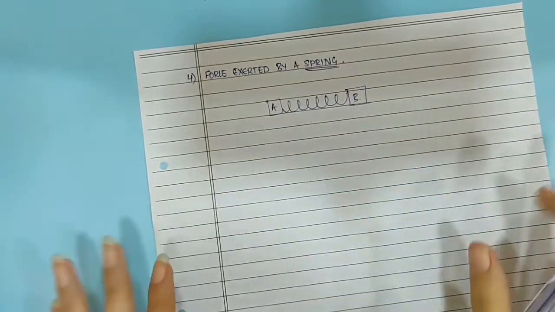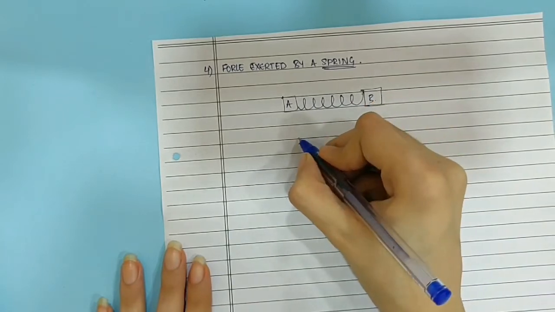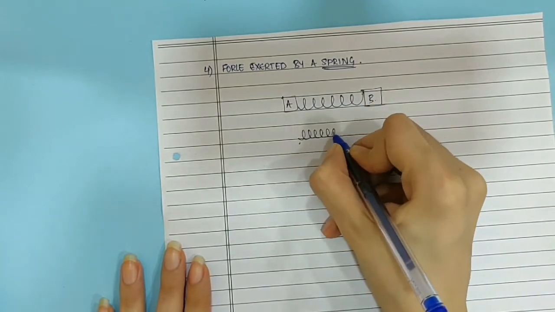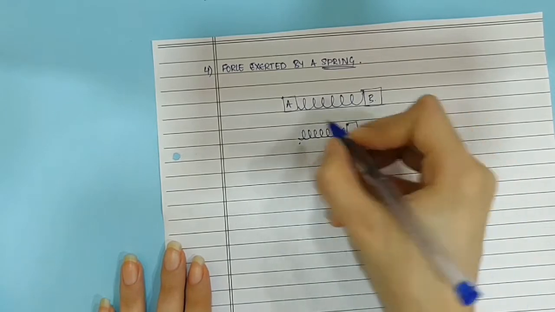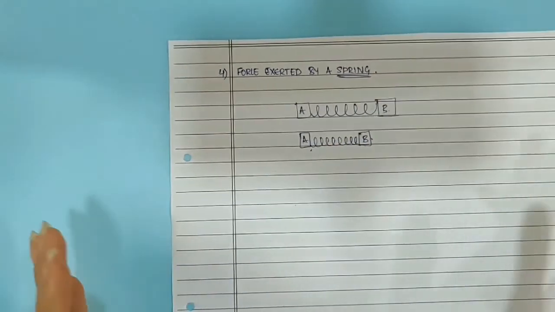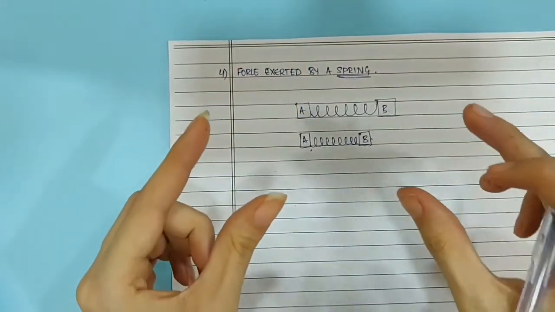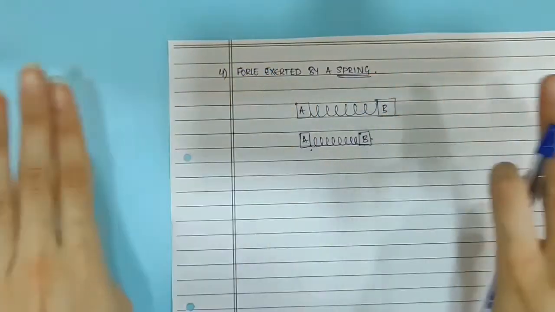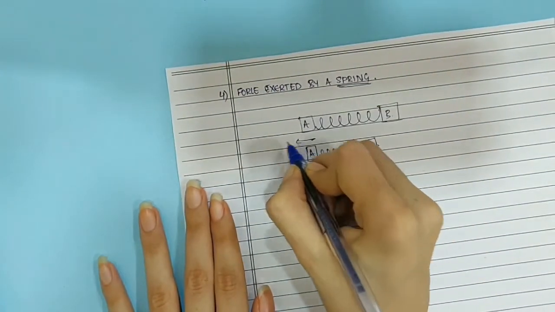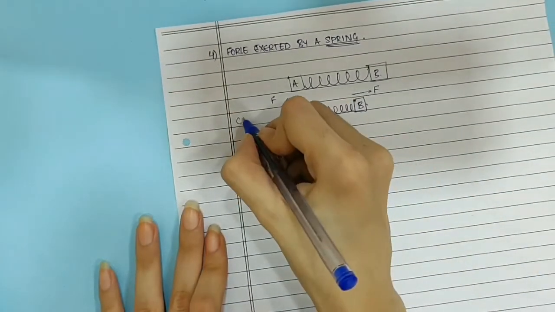Now if I compress the spring, both the bodies A and B will try to move far away from each other with a force F. This is case 1.